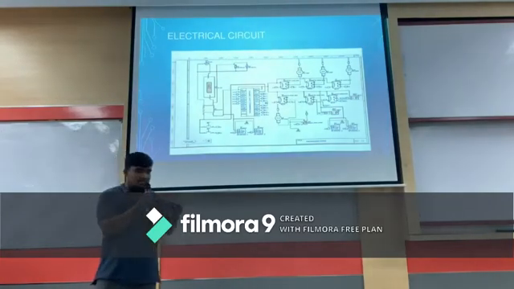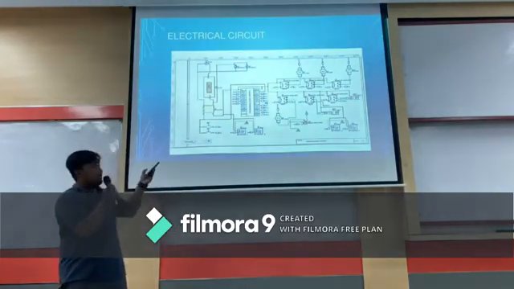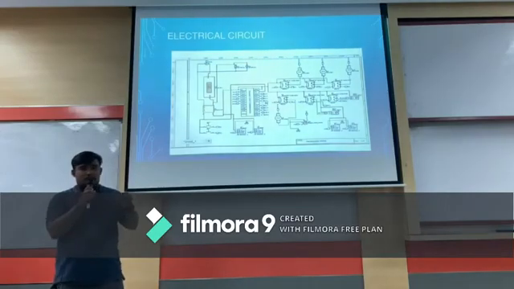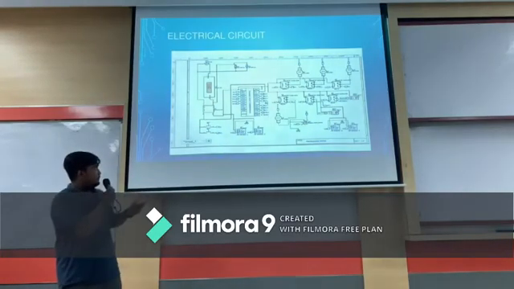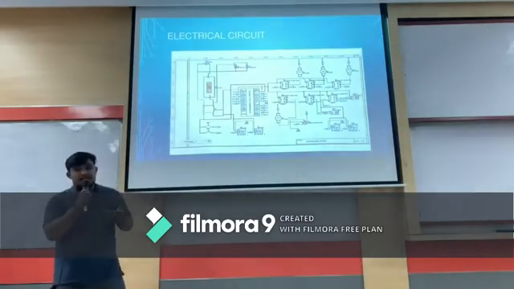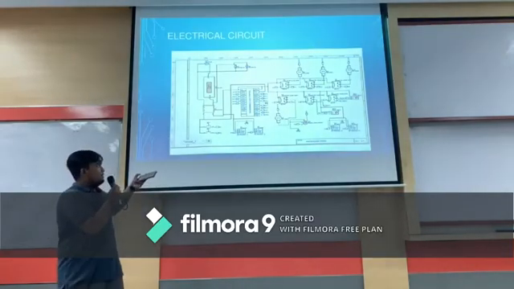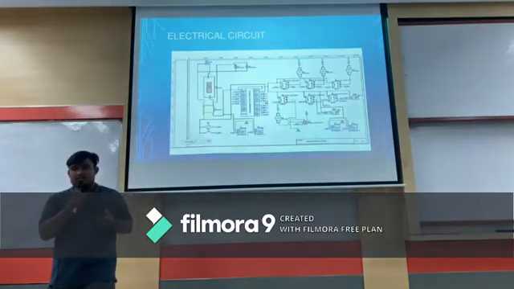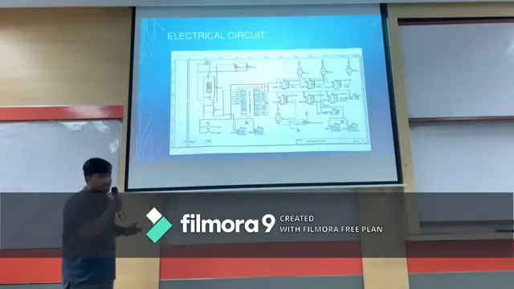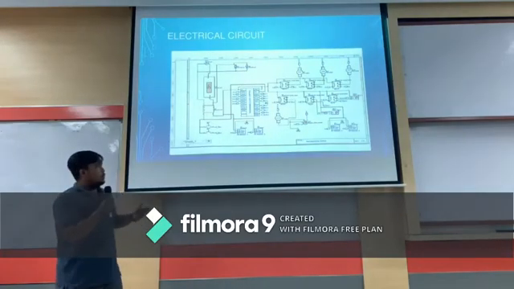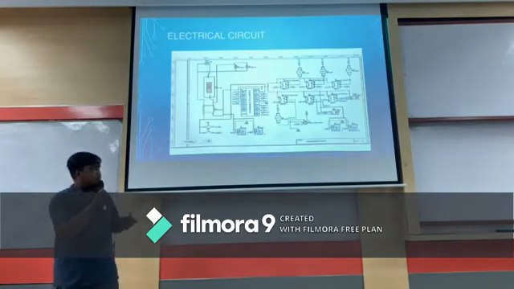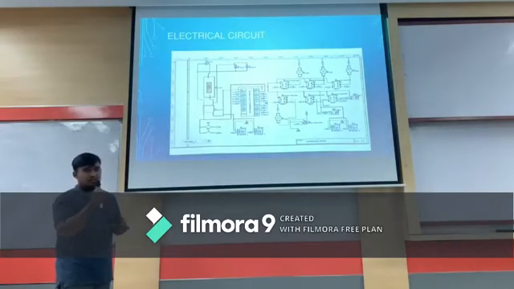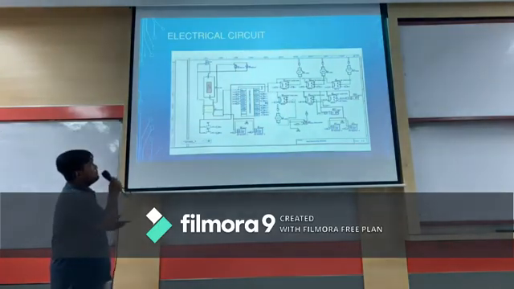First, we use an MCCB and a DC supply, which converts AC to DC. We use 6 inputs. We have 2 push buttons, the stop and start buttons, and we use 4 IR sensors as the inputs.